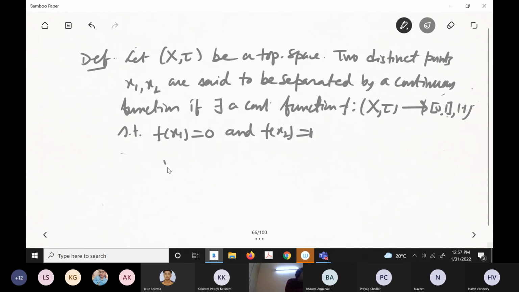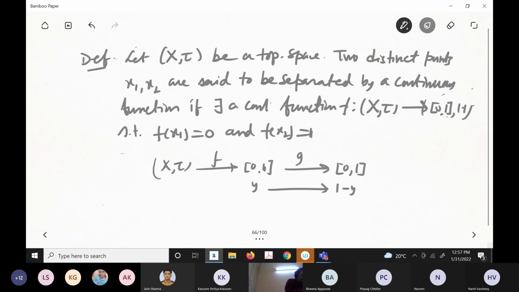Look, if you have this continuous function, so this is your continuous function. Here I am taking a function where y goes to 1 minus y. So that will interchange. If you take g composed with f, then g(f(x1)) is g(0), which will be 1.